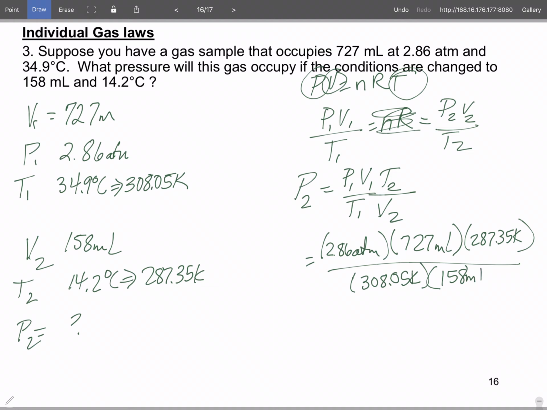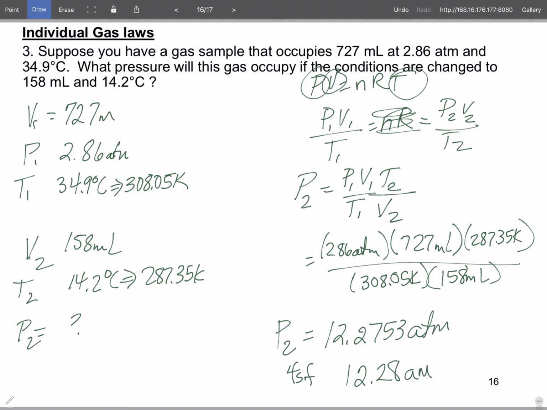So you kind of have to keep your species together. P2 comes out equal to 12.2753 atmospheres. Again, if I needed it in 4 significant figures, you would report it as 12.28 atmospheres.